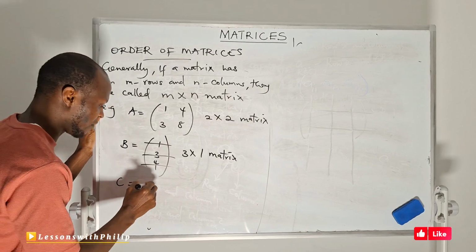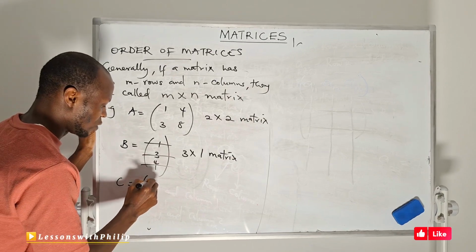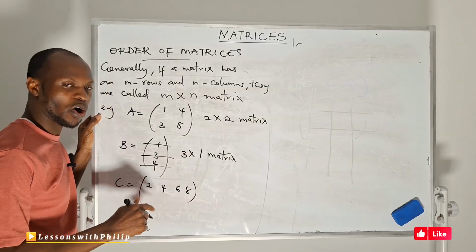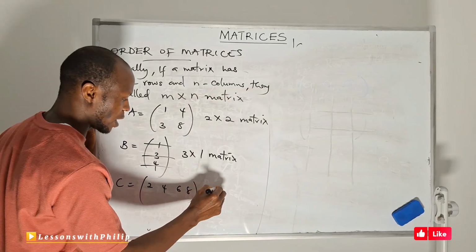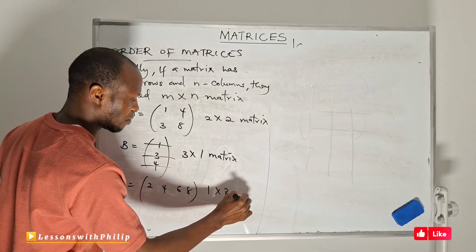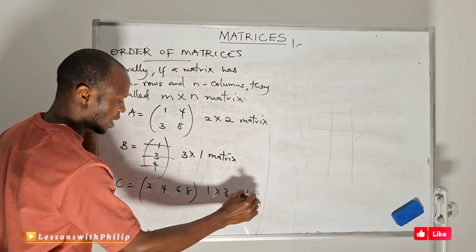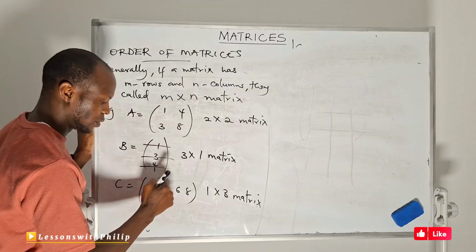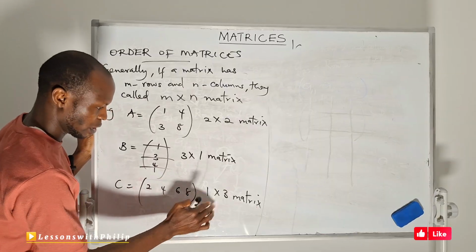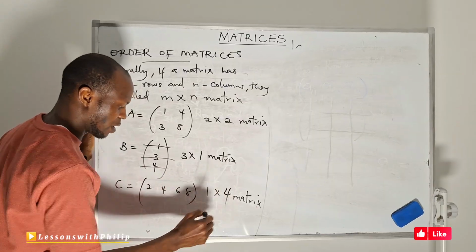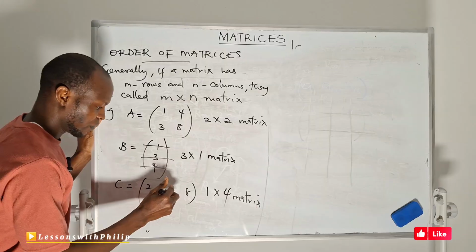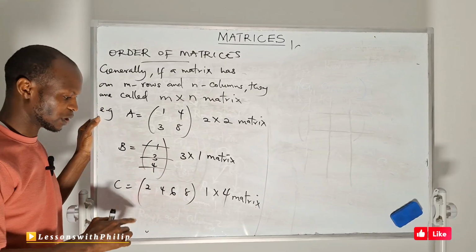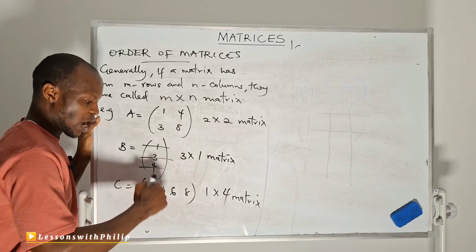Okay, now let me give another example. C equals 2, 4, 6, 8. What is the order of this matrix? It is 1 by 3 matrix. How do we get that? How many rows? 1 row. How many columns? 1, 2, 3, 4. Sorry, 1 by 4 rather. 1 by 4 matrix, because it has 1 row and 4 columns.